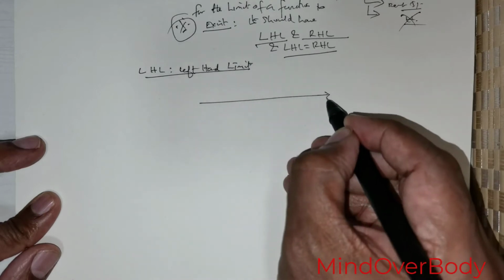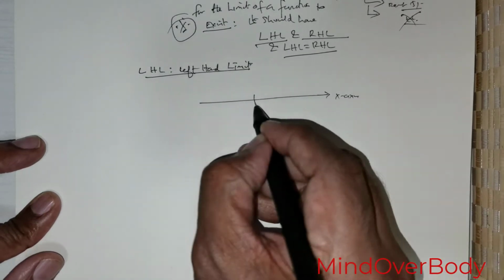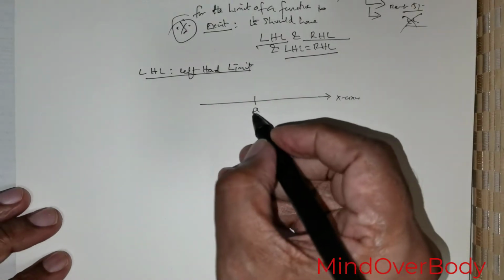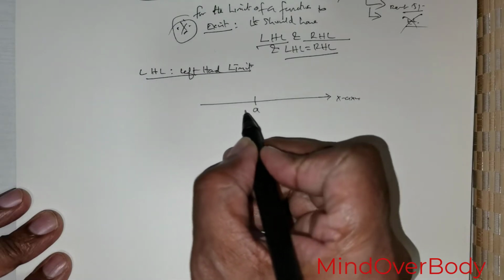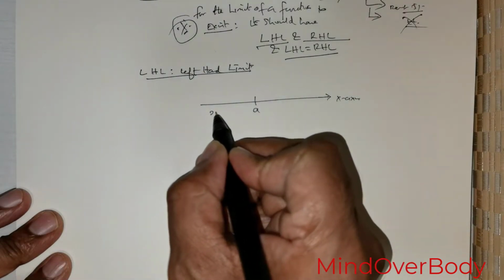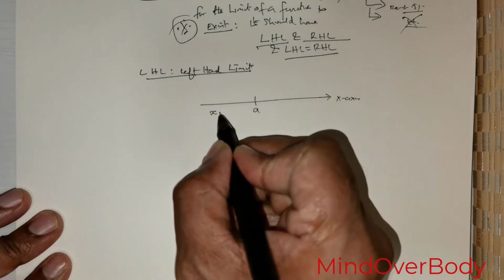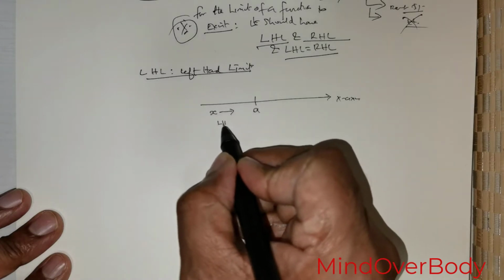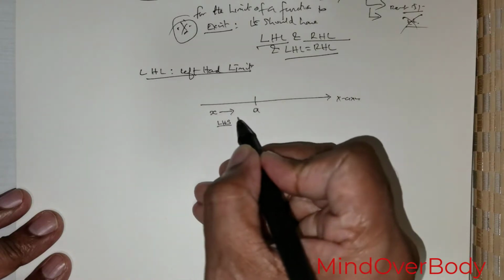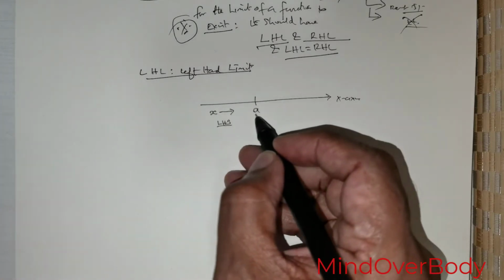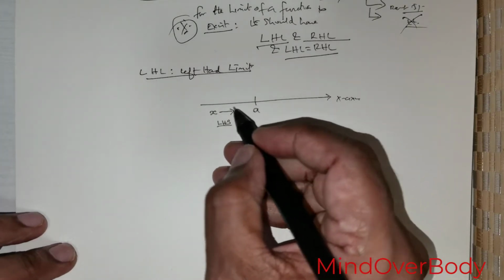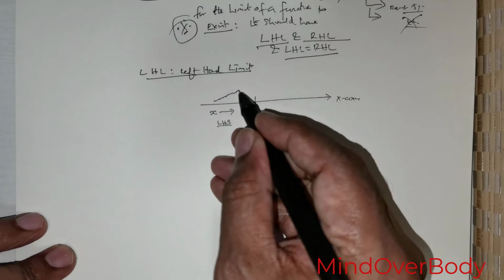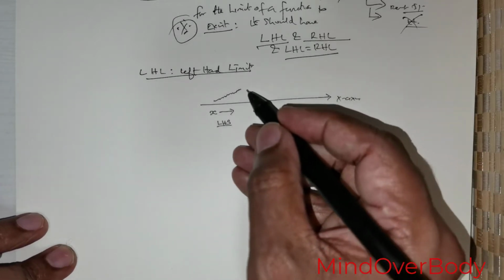Now imagine this is the x-axis. I'm just placing the x-axis, and there is a point called A here. Now x is actually approaching this point. When I say x, x means some variable. It is going towards this point A from the left hand side. This is called the left hand side, right? Now as x is going towards this point A, the function will also be moving. We do not know how the function is moving, but the function will be moving.